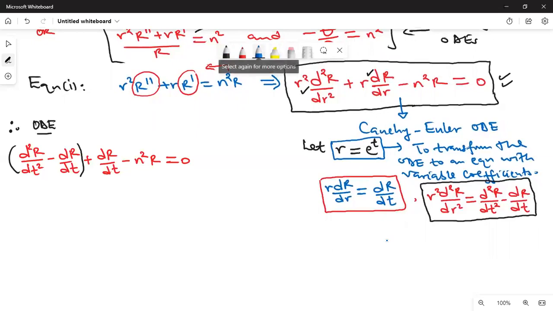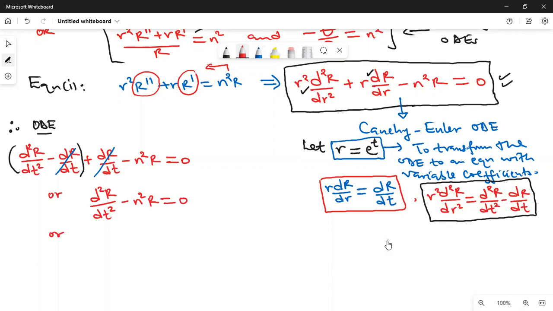When you simplify, this and this will cancel. So what we have is d squared r dt squared minus n squared r is equal to 0.